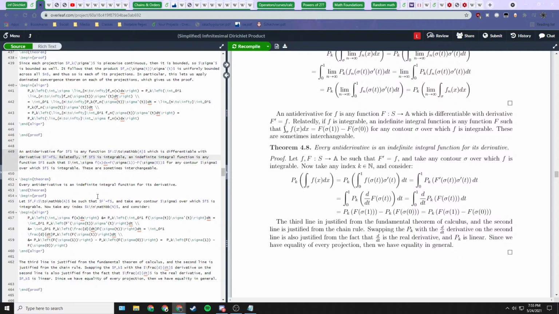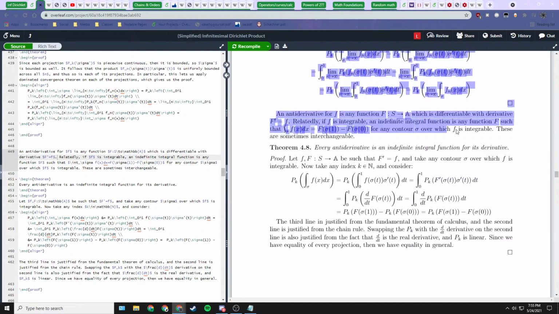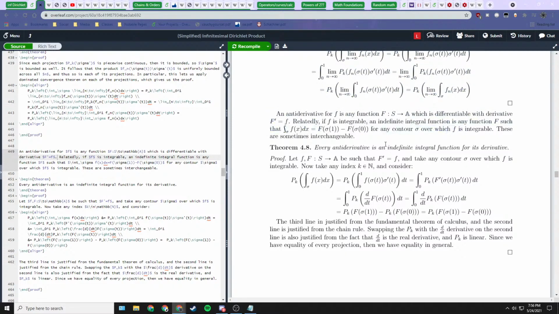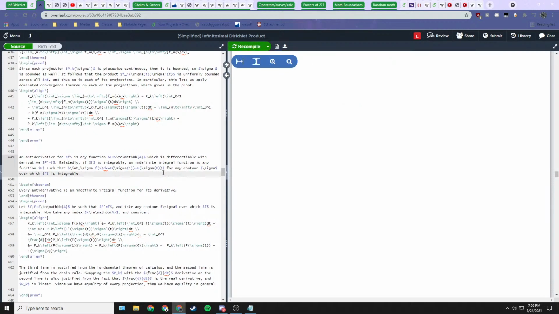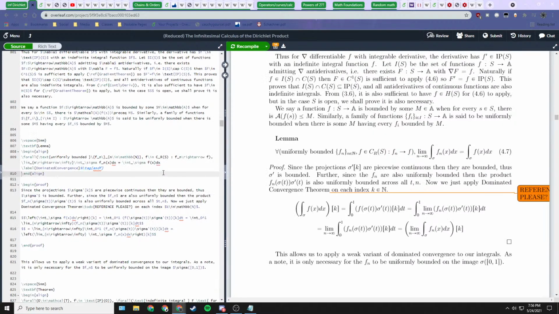If f is integrable, an indefinite integral function is any function F such that the integral across this contour has this relation for any contour sigma. We can also strike this sentence. So the first proof here: every antiderivative is an indefinite integral function for its derivative.